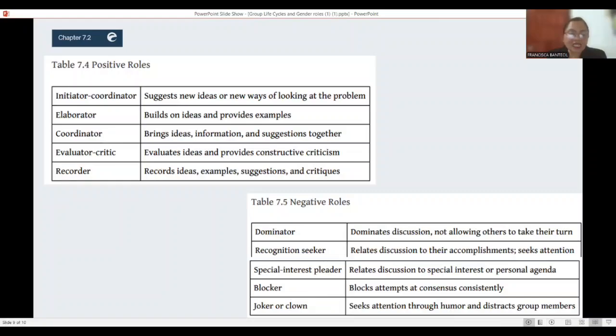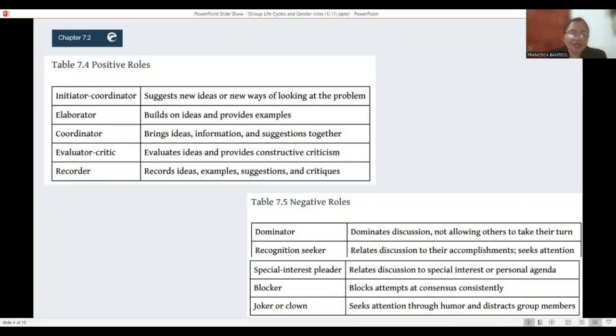Within each of the stages, group members have a variety of roles, which include potential member, new member, full member, divergent member, marginal member, and the ex-member.